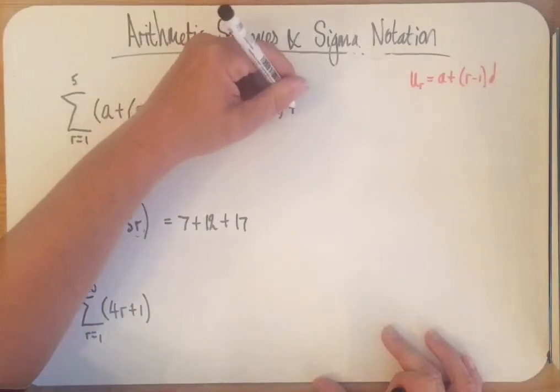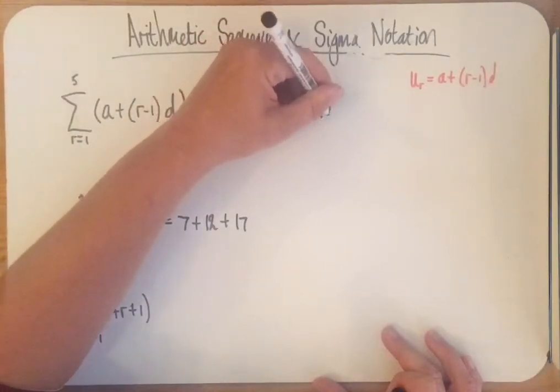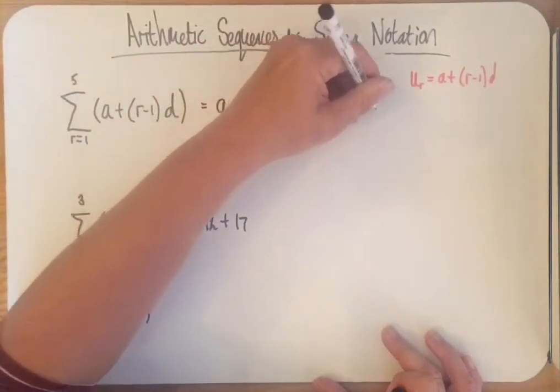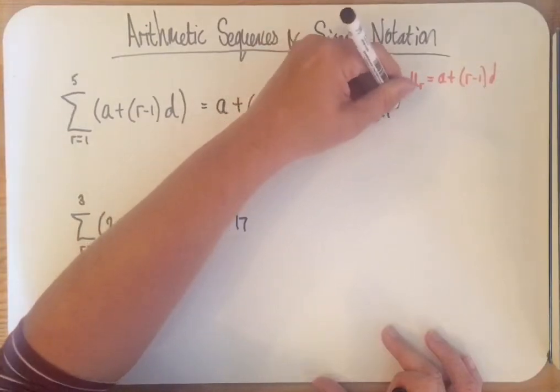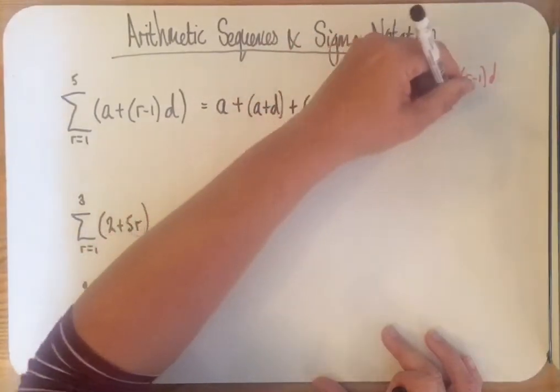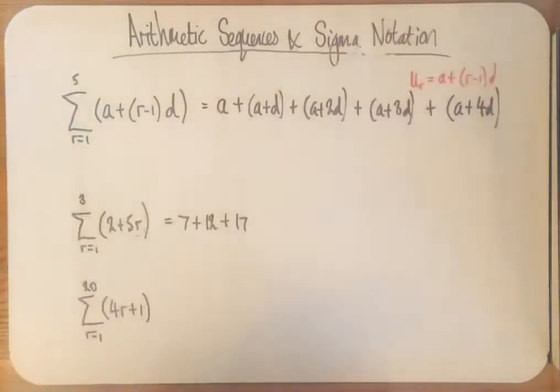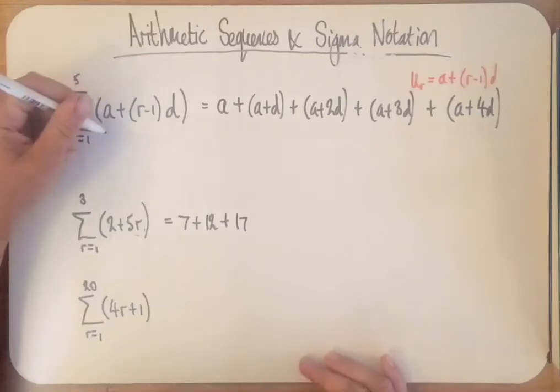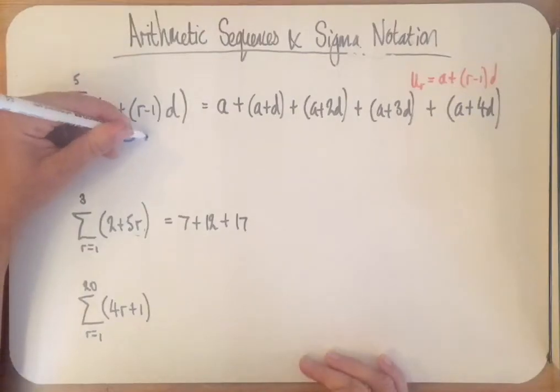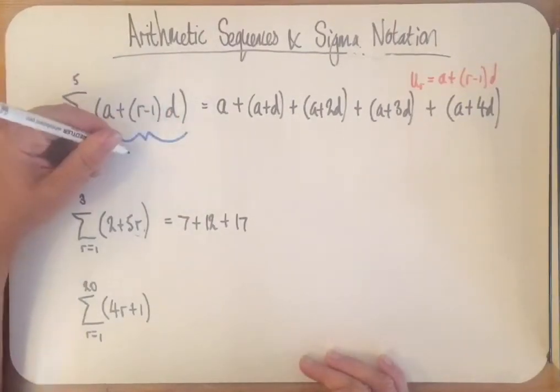R equals 3. R equals 4. And r equals 5. So that was just to show you that that is the sum of an arithmetic sequence. The thing that I really want you to pull from here is the fact that this expression in this bracket is a linear expression.